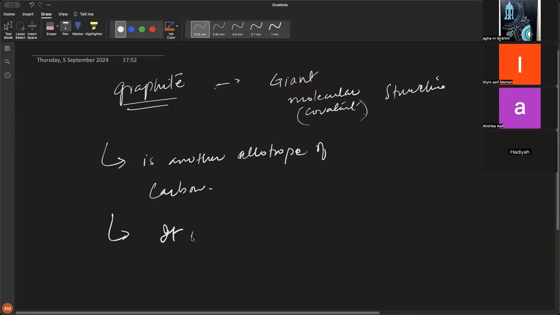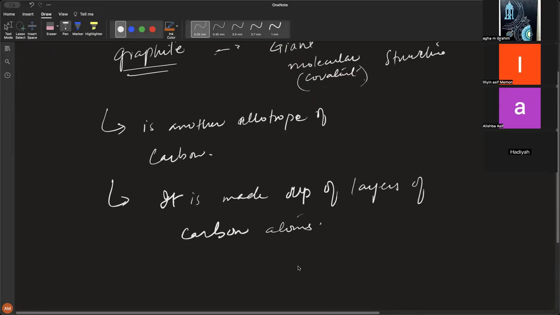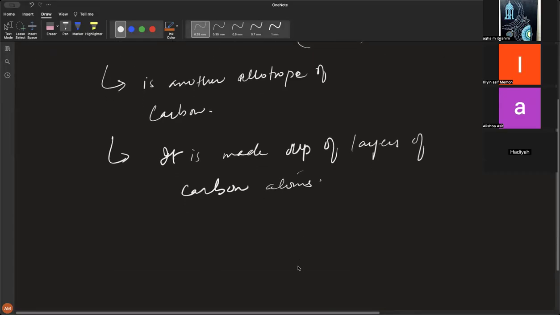It is made up of layers of carbon atoms. This is an important point.